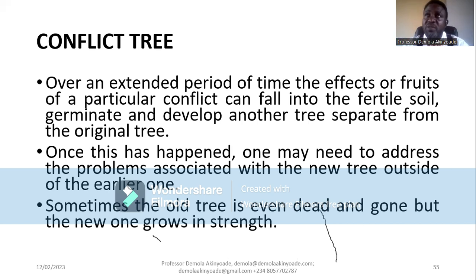Meaning that sometimes an effect can be the cause, can be a core problem, or be a cause of another conflict. And this thing can keep going on, that the original cause has now produced many different causes from its fruit. Now we have a forest of conflict, a conflict in which there are many issues.